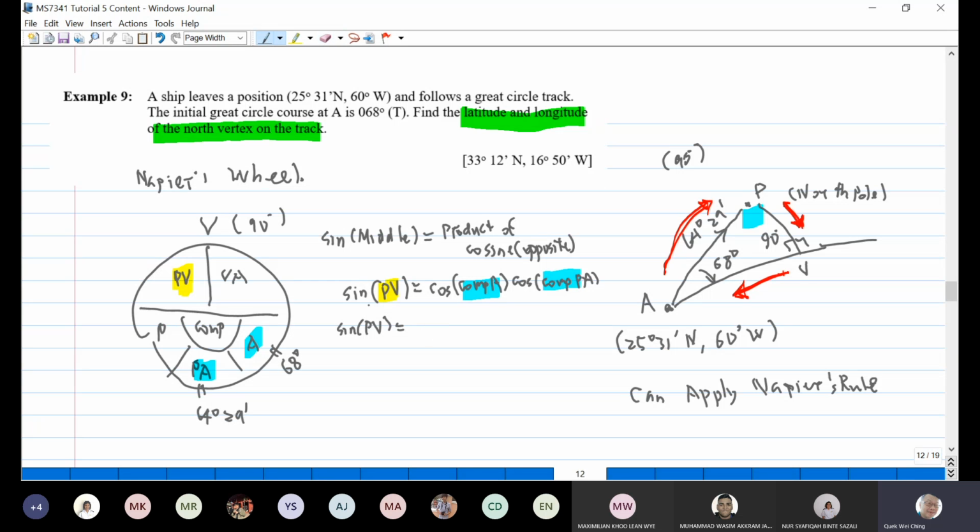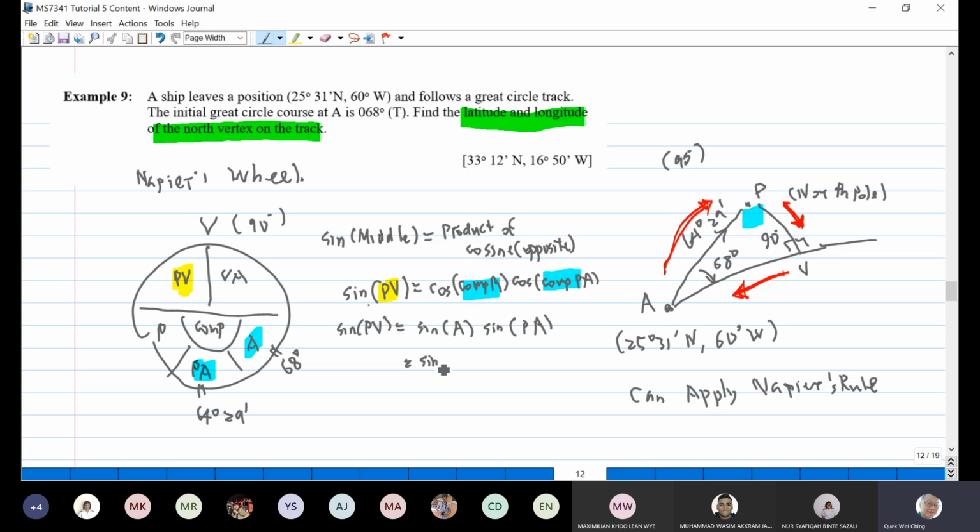Cosine of co-A is converted to sine of A straight away, and the same for cosine of co-PA, which is sine PA. We memorize this fact so that you don't need to write out so many minus signs. So this is sine A now.